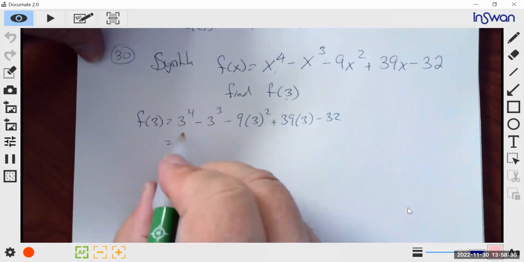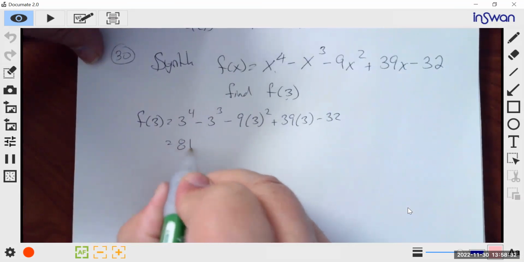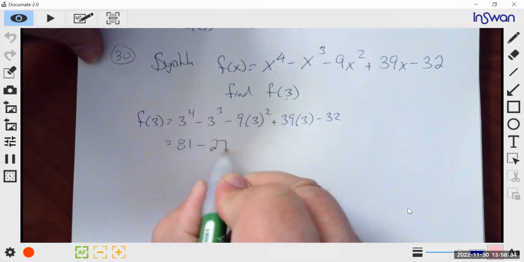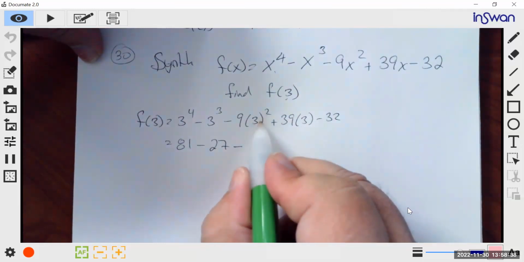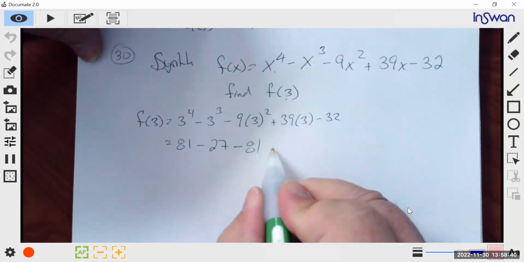3 to the 4th is 81, minus 27. 3 squared is 9, 9 times 9 is 81.